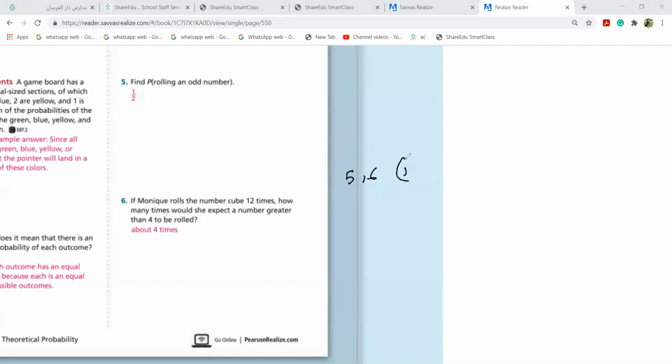So this is one time. They said she rolls it twice, 12 times. When I say twice, that means there is one more chance. So there are 2 numbers here, and again 2 numbers here. So 4 times. I'll just write 4 times.